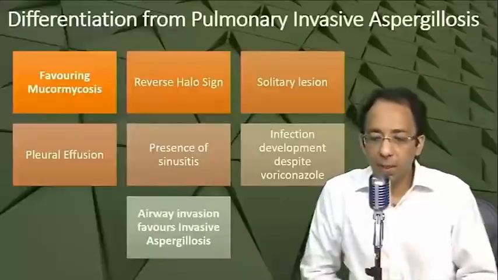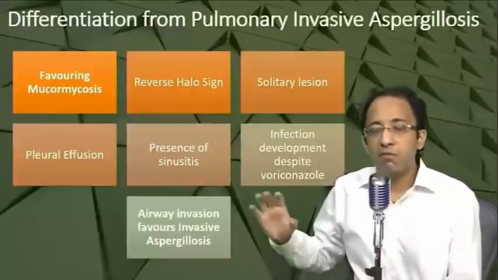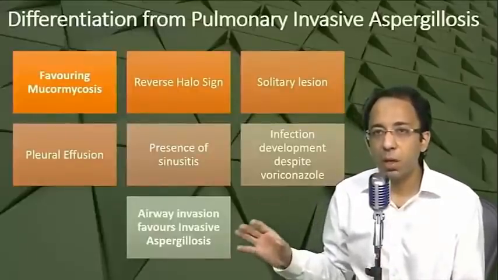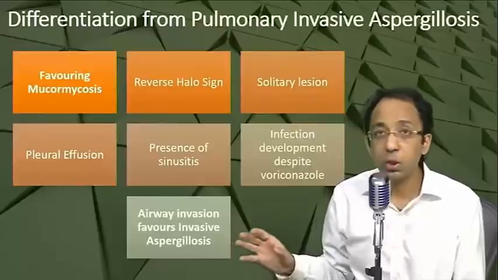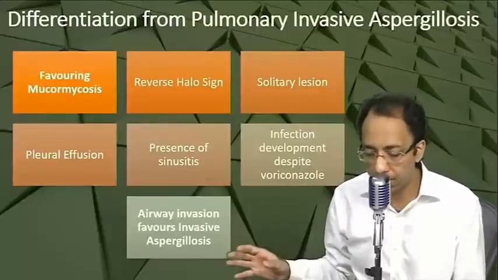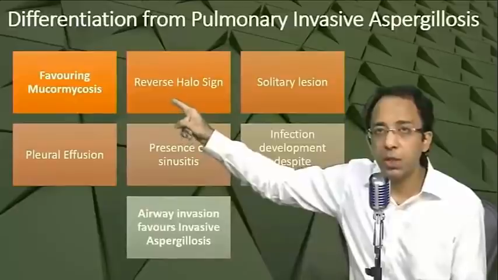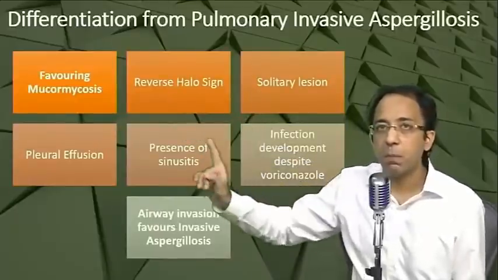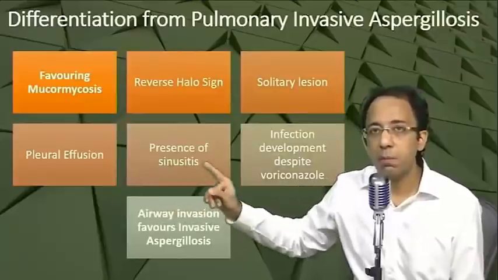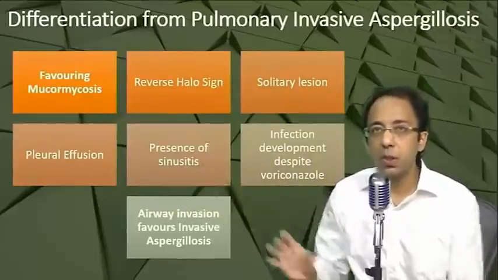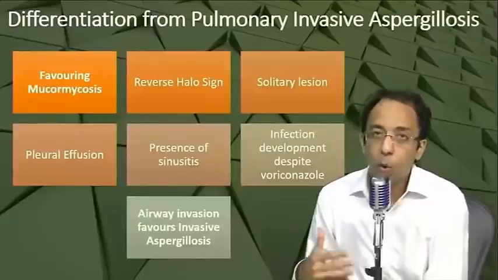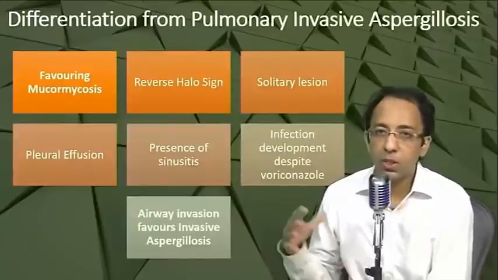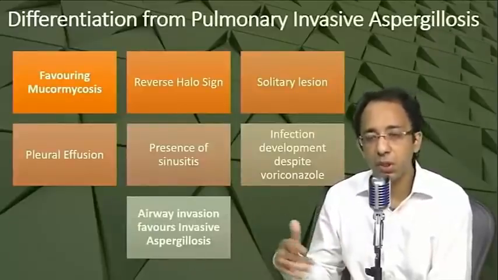So let's keep in mind these few lines. Features favoring pulmonary mucormycosis on a CT are reversed halo sign, presence of a solitary lesion, presence of pleural effusion, presence of sinusitis. So reversed halo sign is more common in mucormycosis versus invasive aspergillosis.